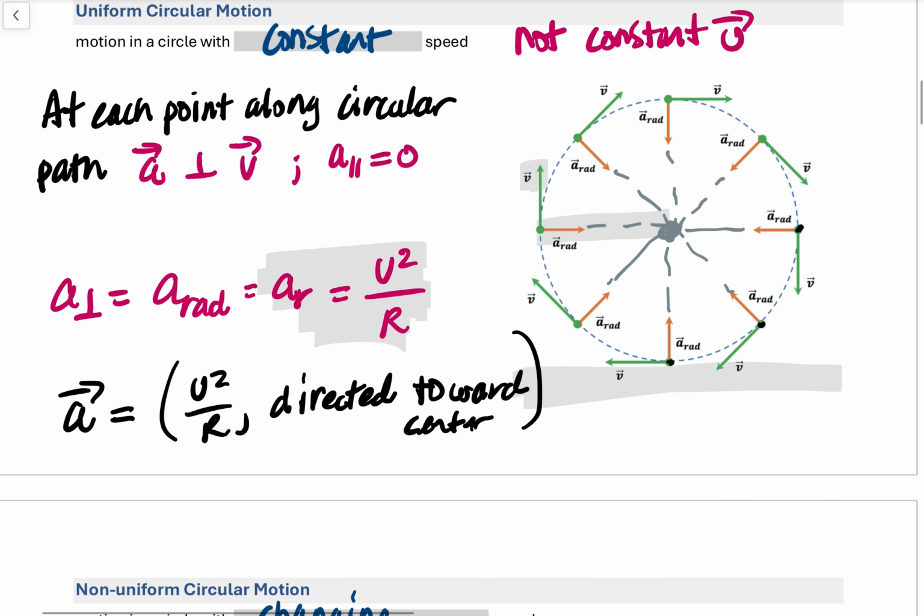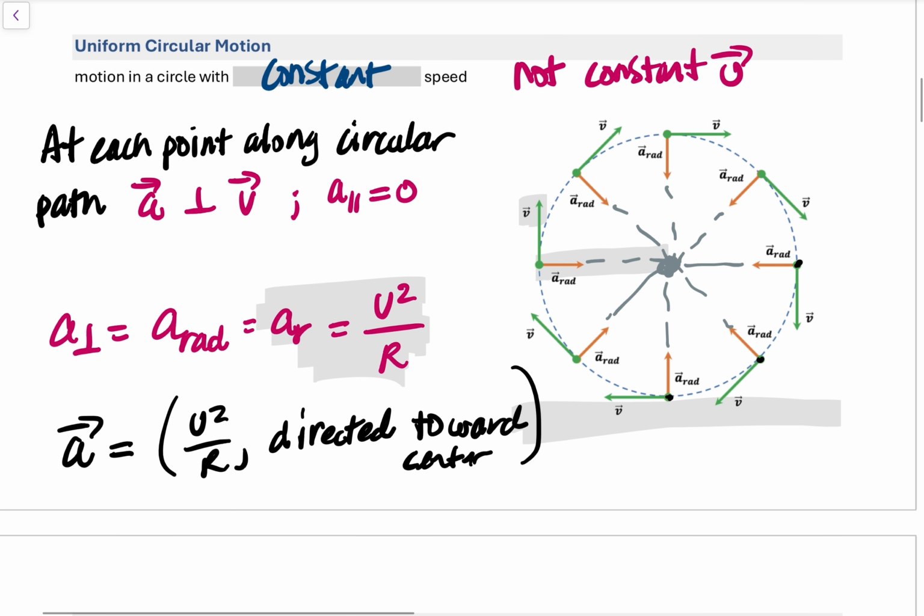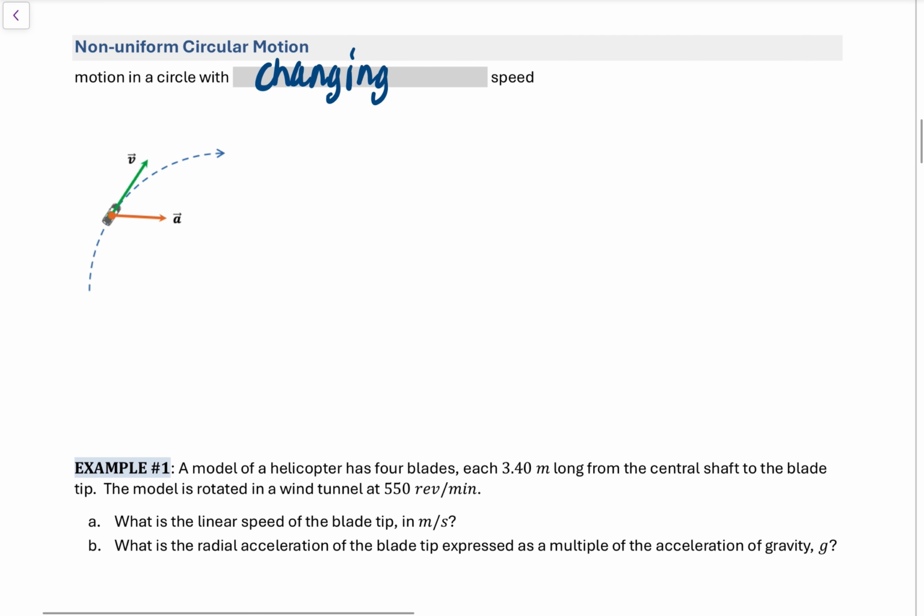We can use that as our way of expressing that acceleration vector: a certain magnitude, which is v squared over r, and it is always directed toward the center of our circle of motion.